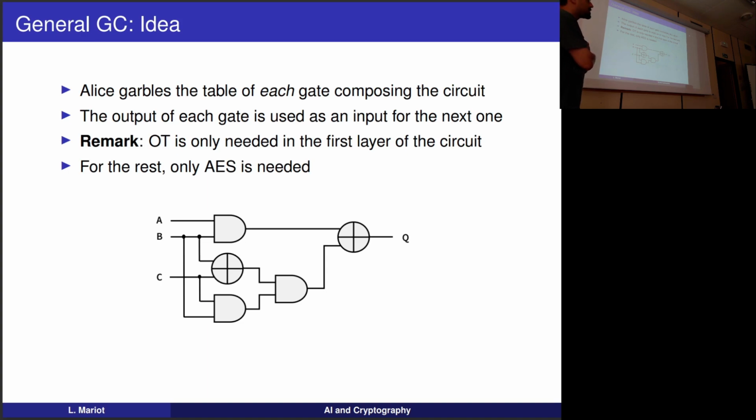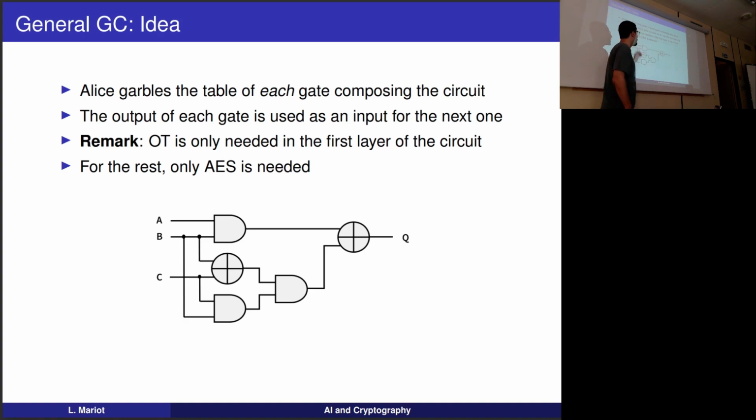Now, what is the situation if we want to compute a garbled circuit of a generic function? So we will have a generic Boolean circuit in the end. And the idea is, we are not going to do exercises in detail because we don't have the time, but the idea is that Alice is garbling the table of each gate that is composing the circuit. So she will apply the garbled circuit construction here, here, here, here, and here.